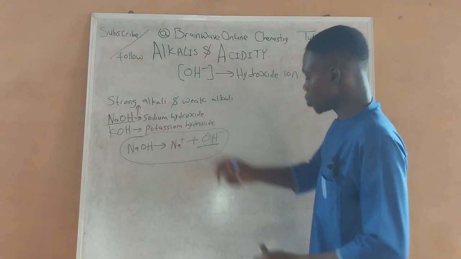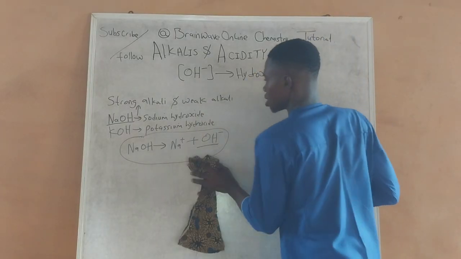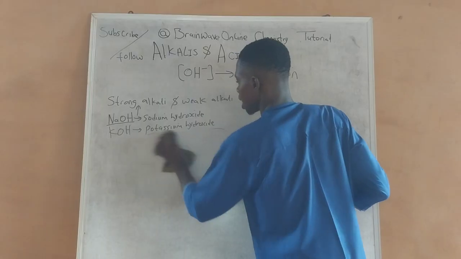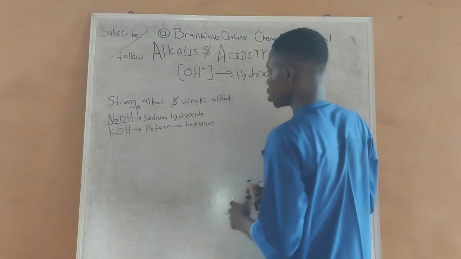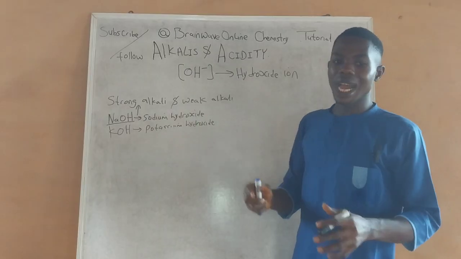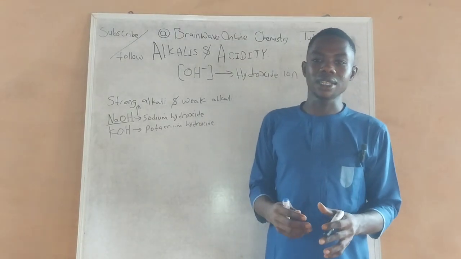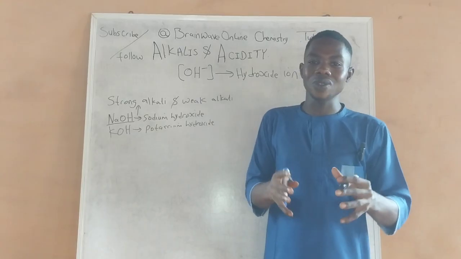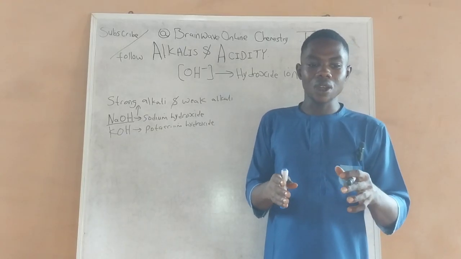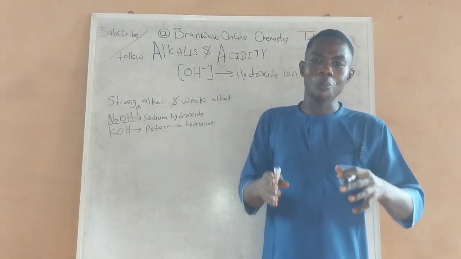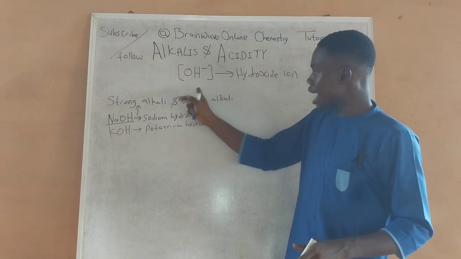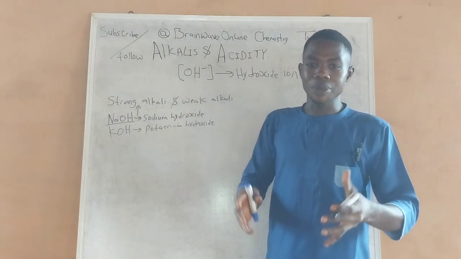Now let's move straight away to weak alkaline. Weak alkaline dissolve or ionize slightly or partially in solution to produce the hydroxide ion alongside the metallic ion.